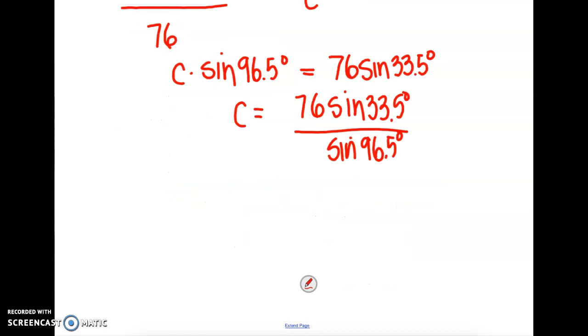Substitute it into our calculator, and that side length c is about 42.2 units. We finished now our second video of the law of sines.